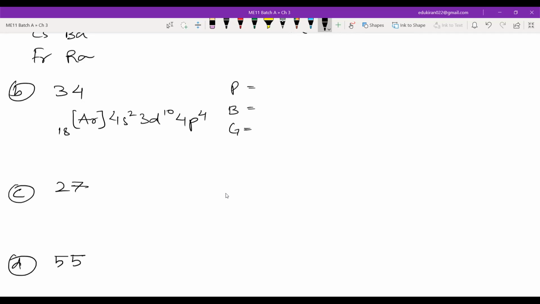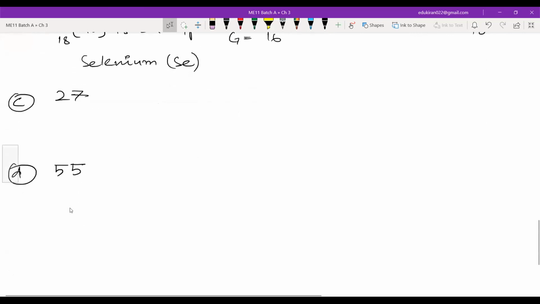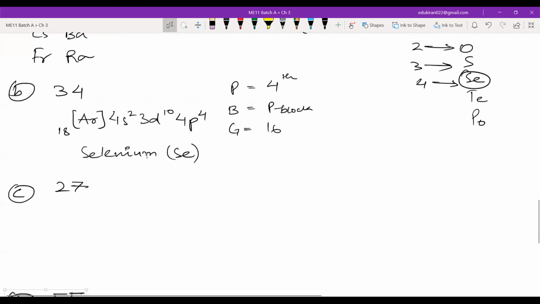The period is fourth, the block is p block, and the group is 10 plus 6, 16. So group 16 mnemonic. Now this is group 16, this is the second period, this is the third period, this is the fourth period. So selenium, Se. Yes, Hamza, Hiba, Salman, what happened?